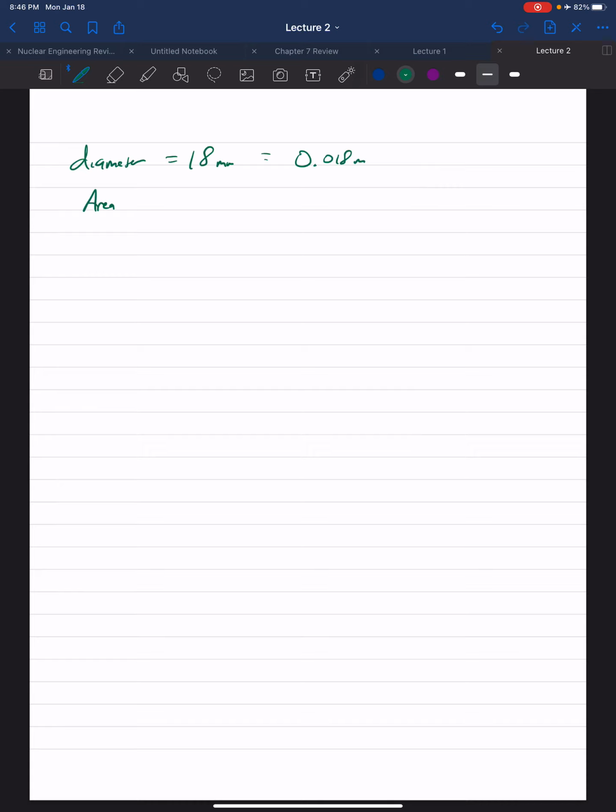So the area is pi over 4 d squared, which is 2.54 times 10 to the minus 4 meters squared. That is the area of the pins.